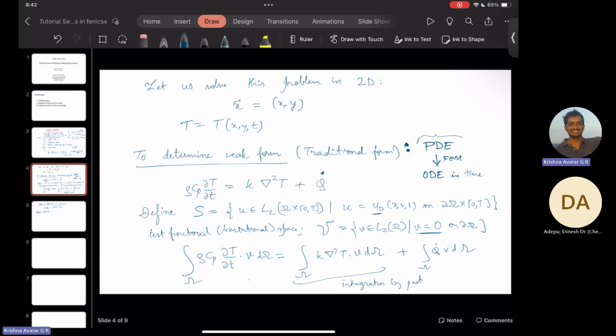In all these books by Hughes, he always does this: we have a PDE, use FEM for spatial discretization, then convert it into a set of ODE equations in time. Then we use methods like Newmark beta to integrate. That is one approach, which is very much used.